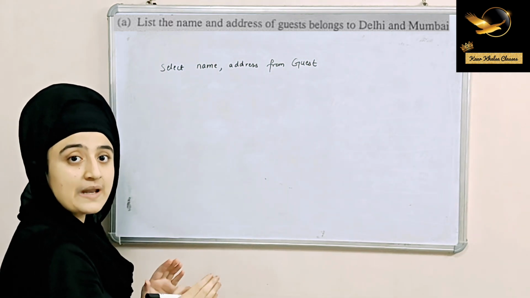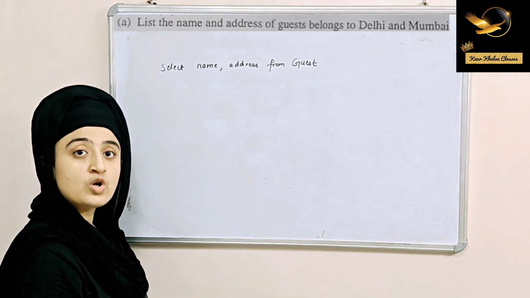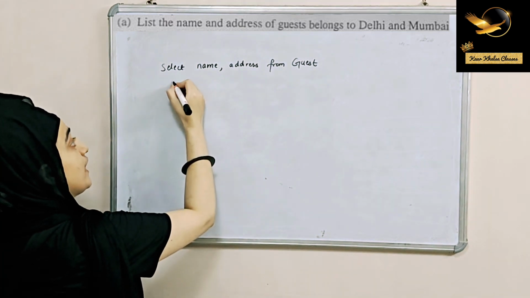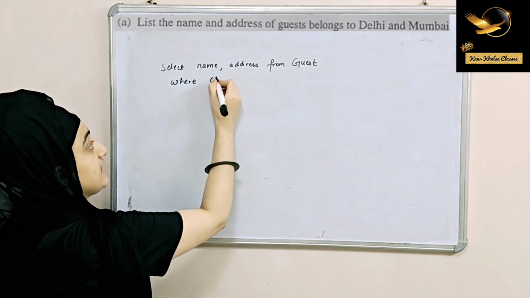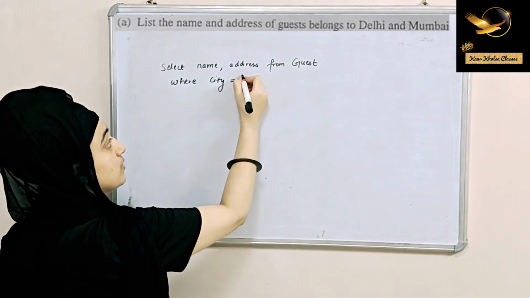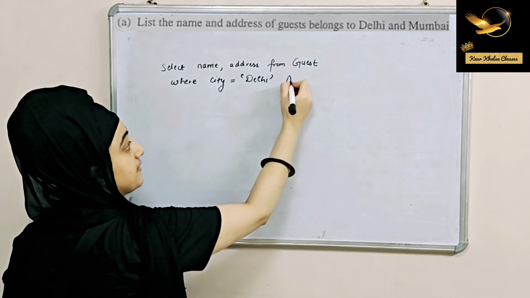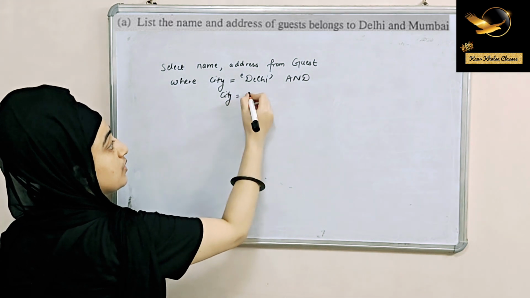After that we have to apply the condition also. Here the condition is that the guest should belong to Delhi and Mumbai. So we will write here where city, this is the column, city column is equal to Delhi and city is equal to Mumbai.